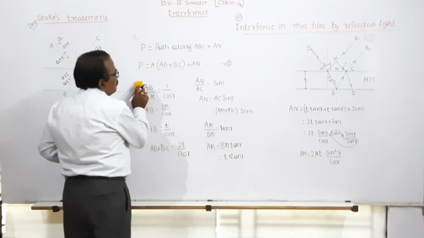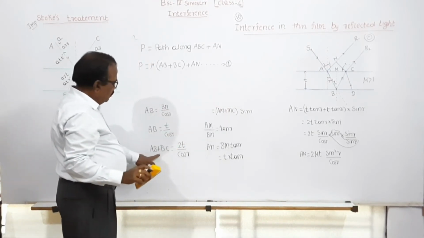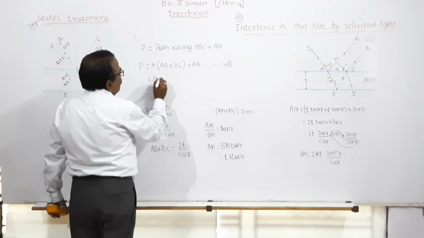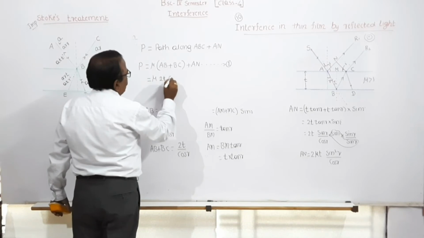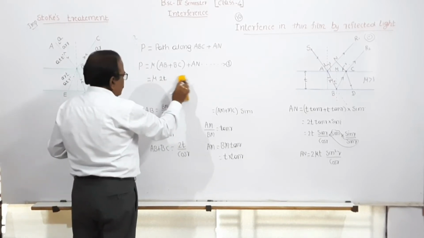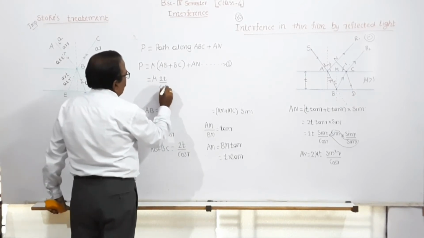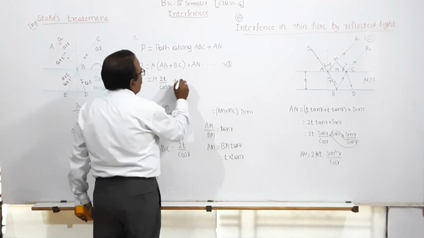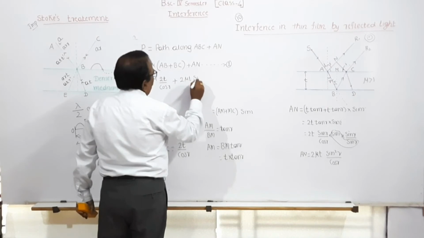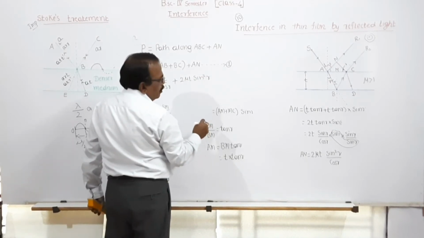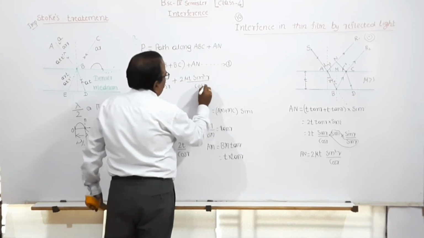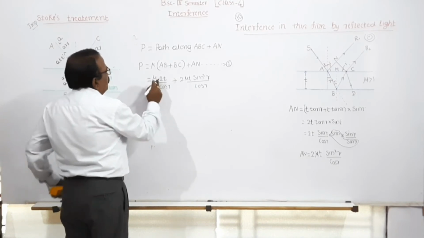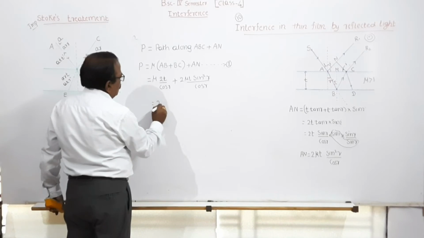You are going to get this as, so your AB plus BC is 2T upon cos R. You write mu as it is, and into 2T upon cos R, plus AN is 2 mu T sin square R upon cos R. Then after this, take 2 mu T cos R outside.